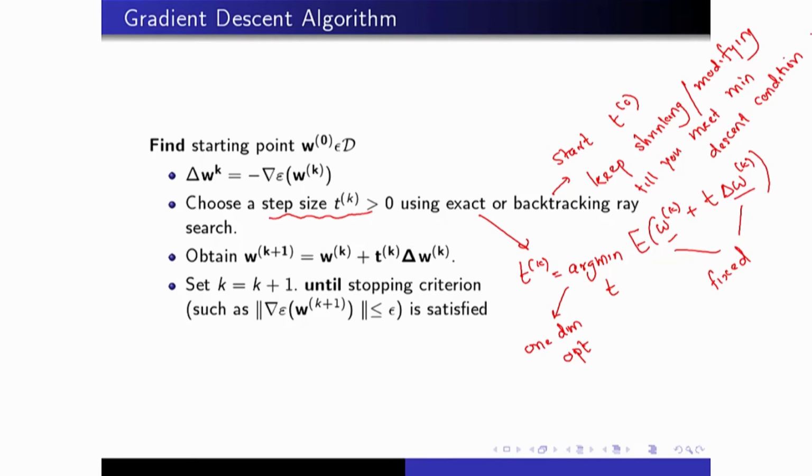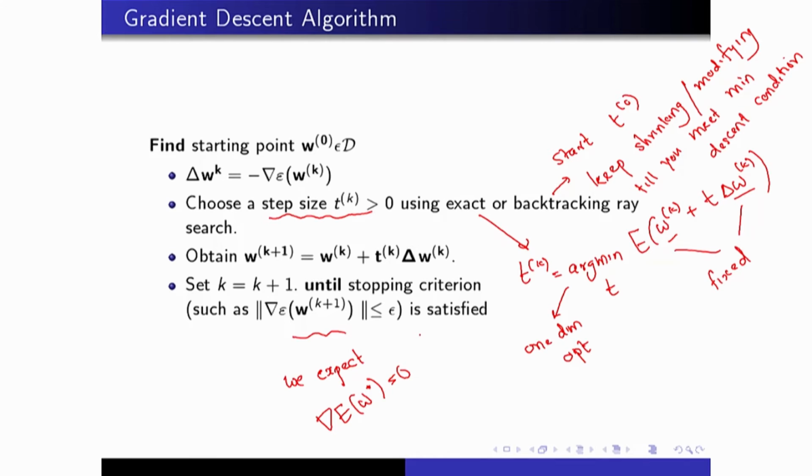The other thing is how long will you keep doing these iterates. So we expect the necessary condition to be satisfied, that is, we expect the gradient of E at w star to be 0.